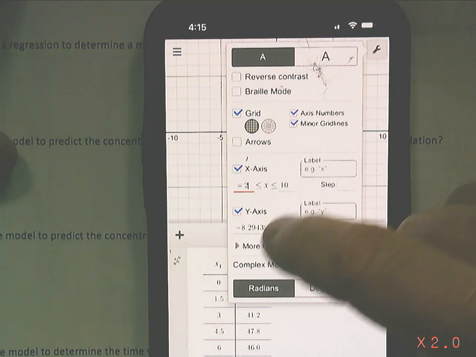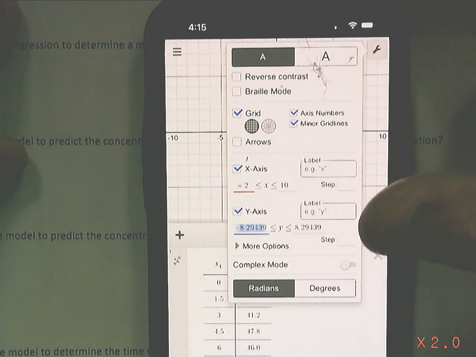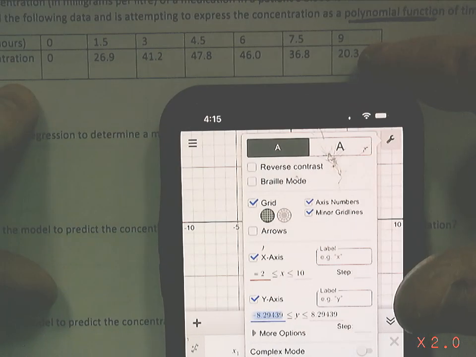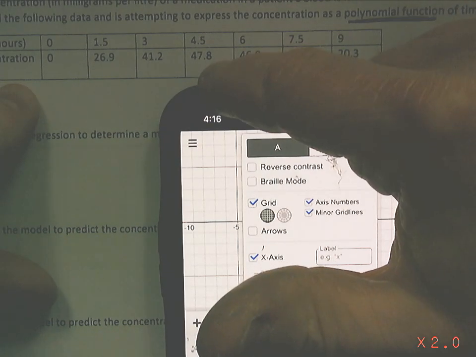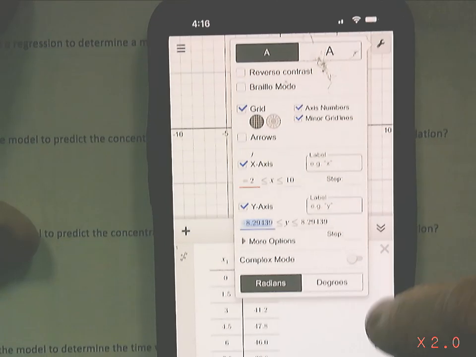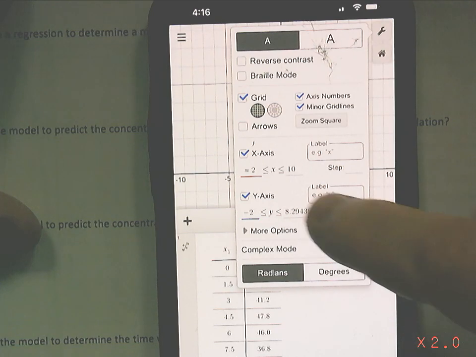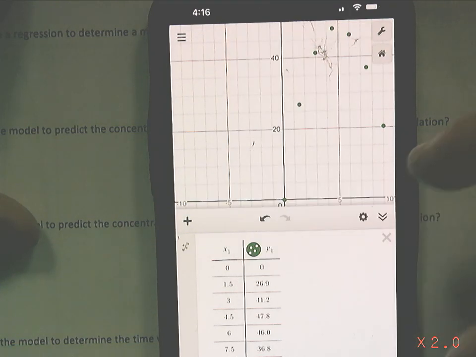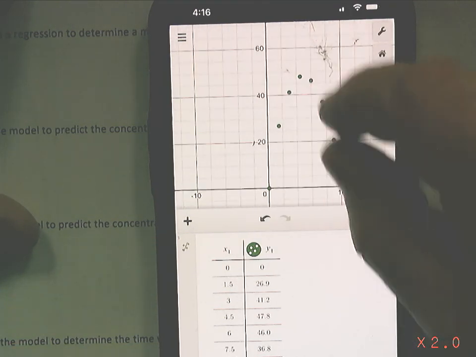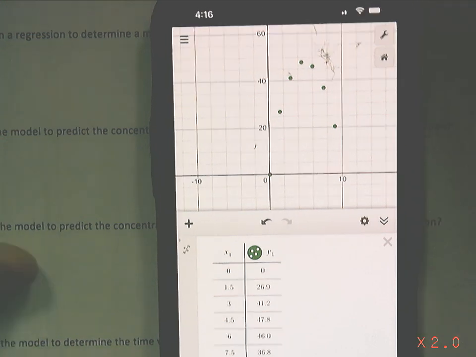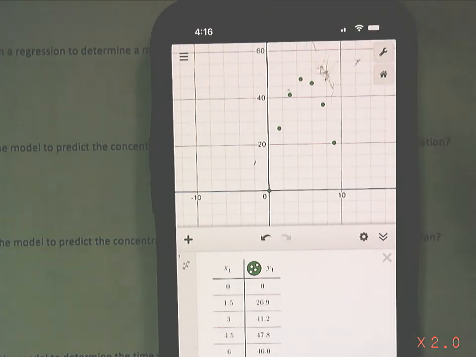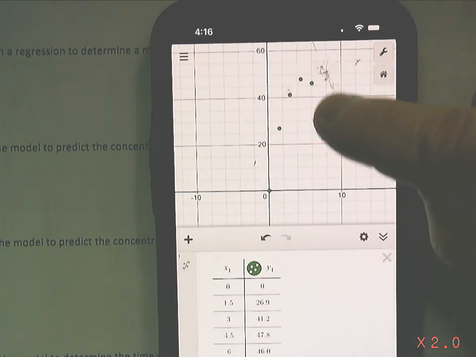That sounds good. My y goes as big as 47, so I'm going to make it at least 50, maybe -2 to 50. Let's do it. Then I'll start seeing my dots, and at that point, to me, it's pretty obvious. I see all my dots. That to me looks like a parabola, quadratic.